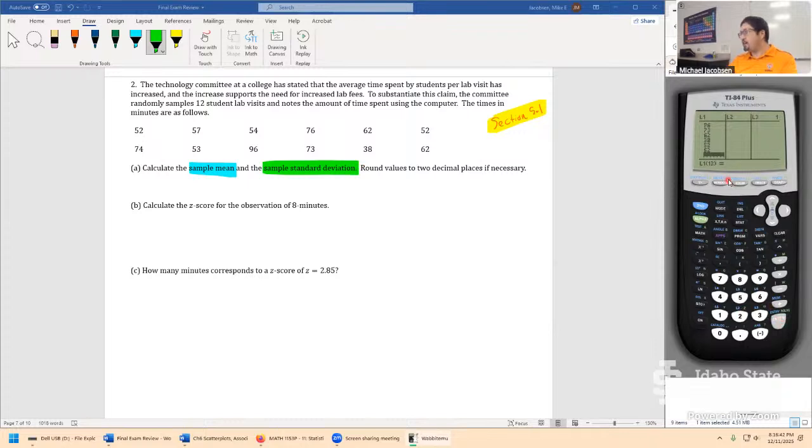Okay, so I now have 12 observations. That looks about right. Let me know if you're getting a different output.